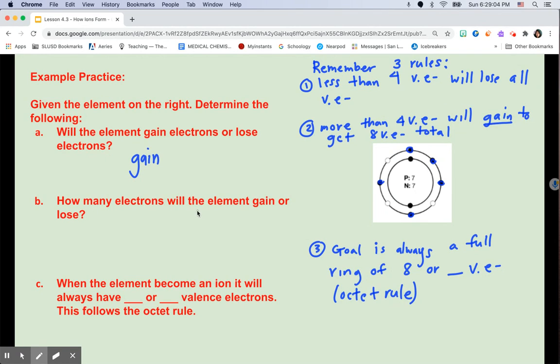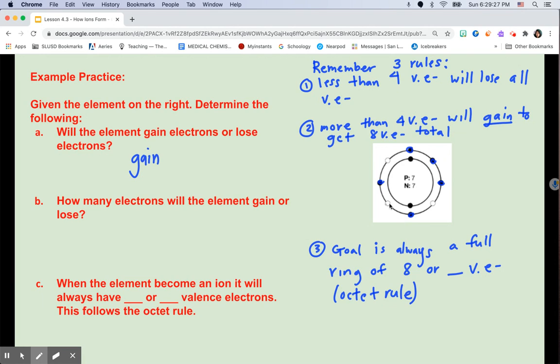How many electrons will the elements gain or lose? Well, remember that whether I'm gaining or losing electrons, I'm trying to gain enough to get a total of 8. So here, I'm missing 1, 2, 3 electrons to get a total of 8 because I have 5 electrons, right?